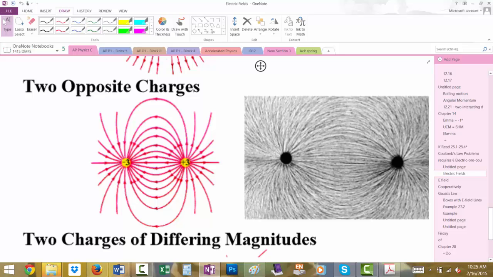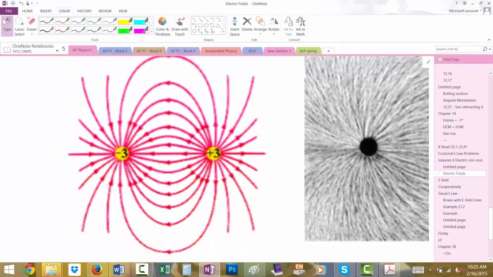So if you have something like this, if I was going to draw the equipotentials, what's that going to look like? A straight line through the middle. Really close. So let's just think about this one thing at a time. What's the equipotential around this one going to look like? It's going to be a circle, right?